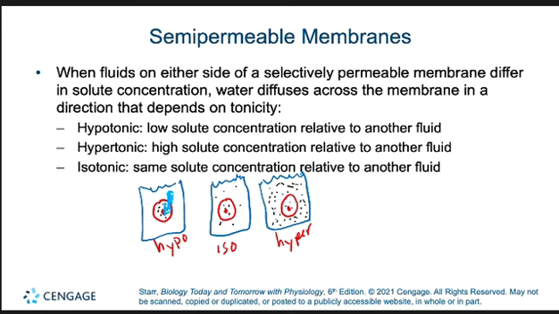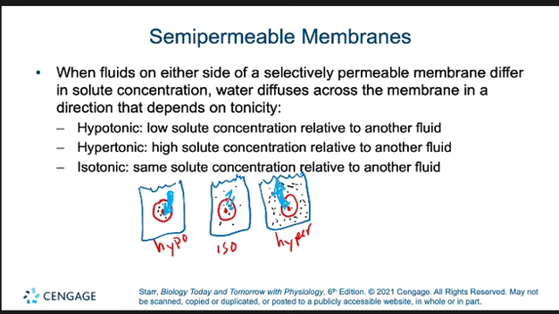So water's still going to flow in both directions, but more water is going to flow in than flow out. In an isotonic solution, you're going to have equal movement in either direction. And in a hypertonic solution, more water is going to flow out than is going to flow in. And by water, we mean free water, water unoccupied with any other activity.